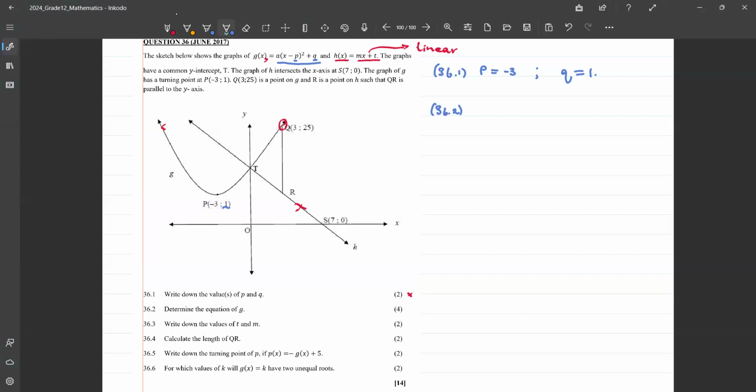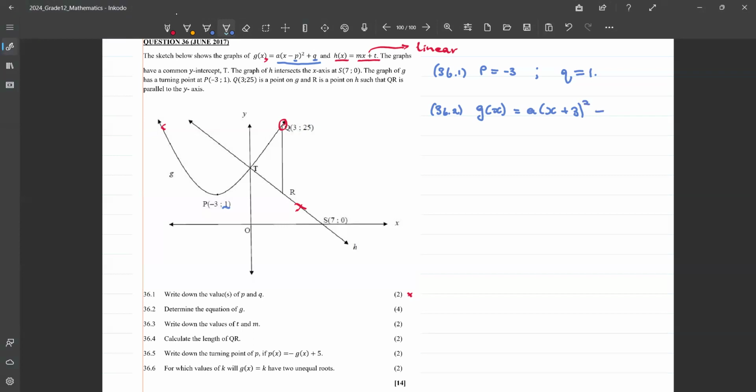So substitute the values of p and q in the equation. We get a into x, because p is -3 here, when we substitute it, it changes and becomes +3. That's because you are substituting a negative p and it's subtracted there.